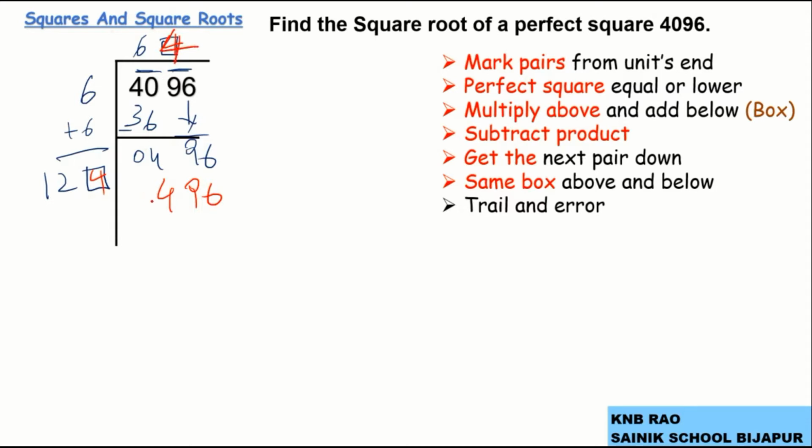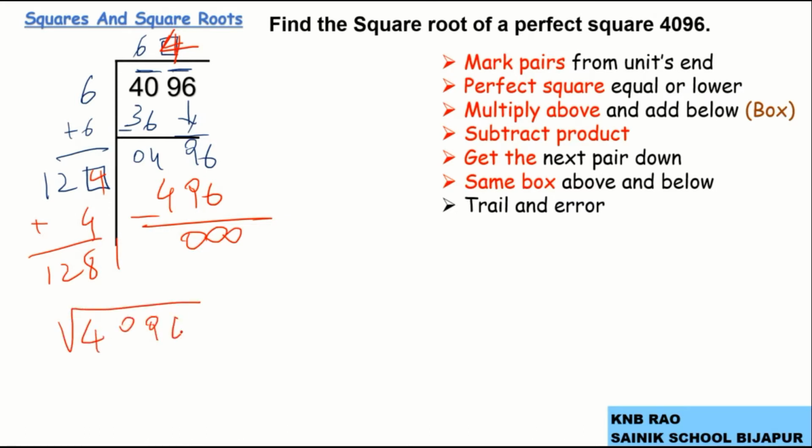Subtracting gives remainder zero, and we have got the square root of a number which is a perfect square, being 64. We did up to here.